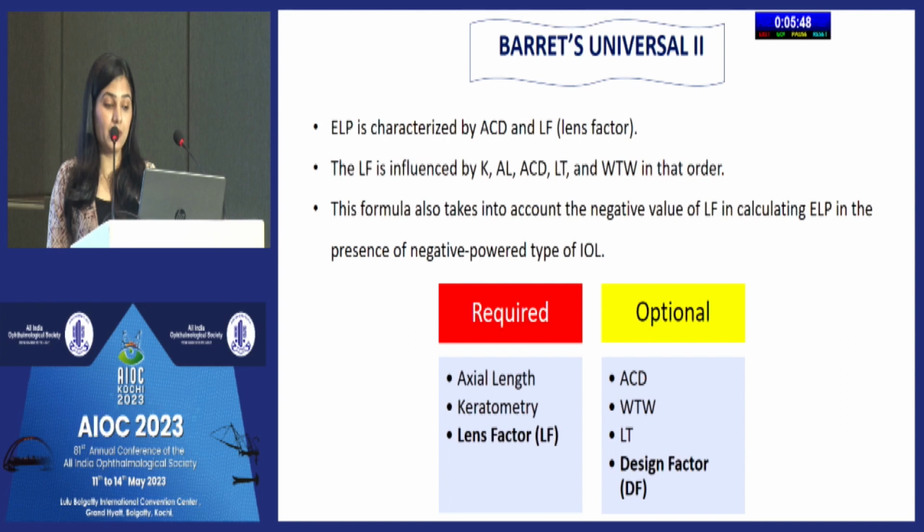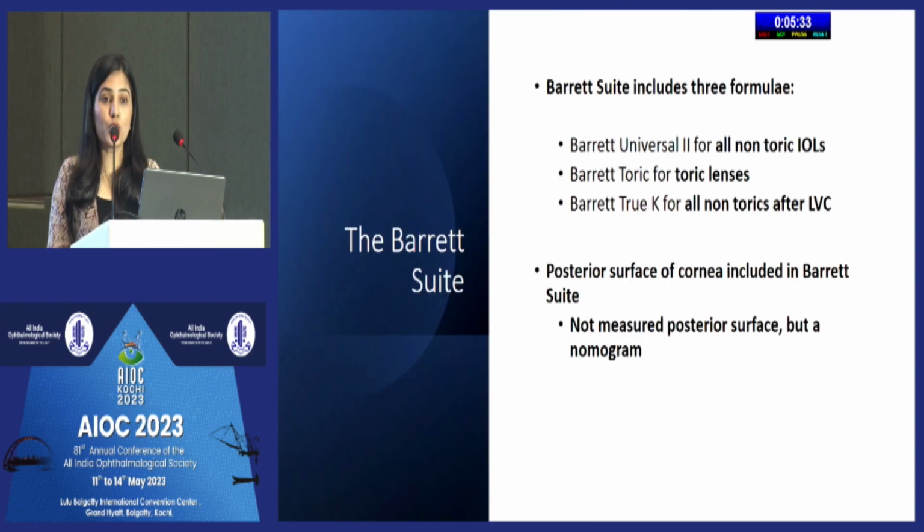The parameters required for calculation of Barrett's Universal 2 are axial length, keratometry, and lens factor. These are the must-have data. The optional parameters are anterior chamber depth, white to white, lens thickness, and design factor. Barrett's formula is incorporated in the IOLMaster 700, which includes three formulas: Barrett's Universal 2, Barrett's Toric, and Barrett's True K, which is used for post-LVC calculation.